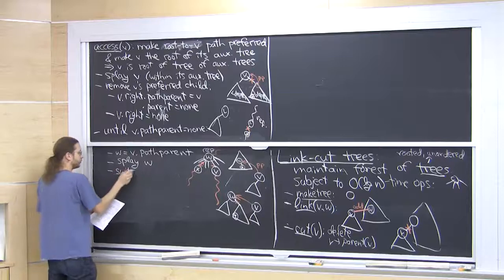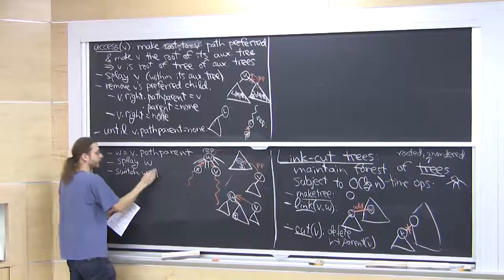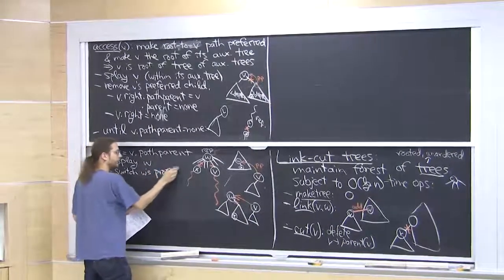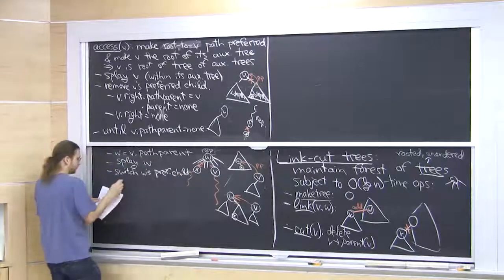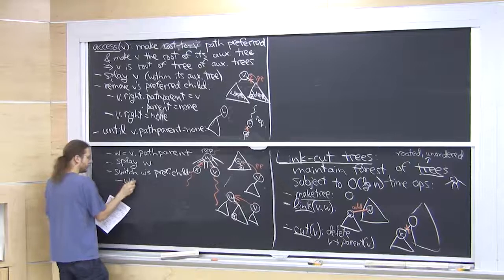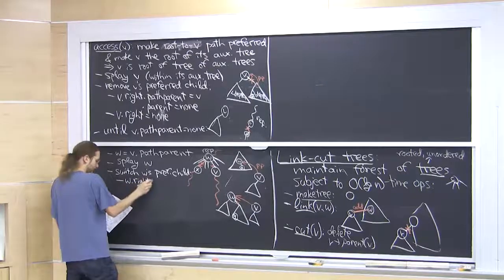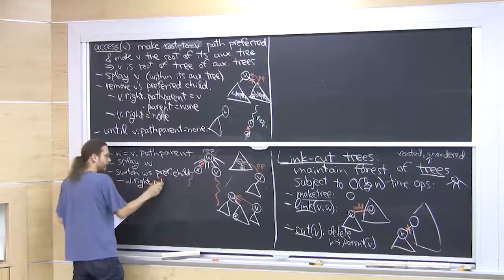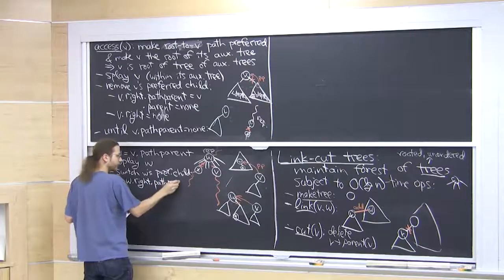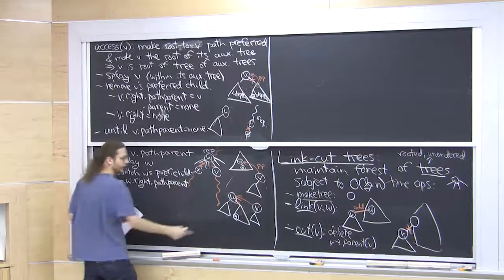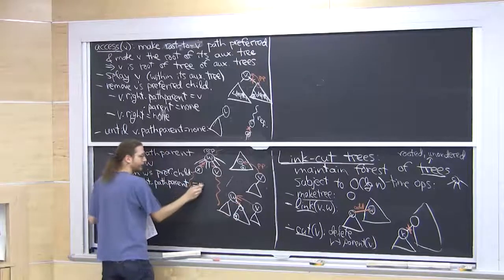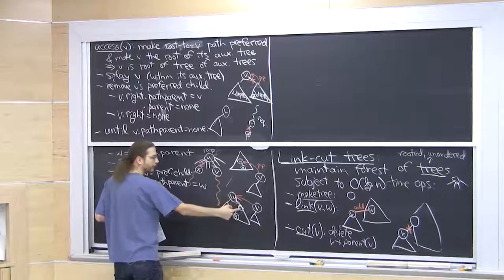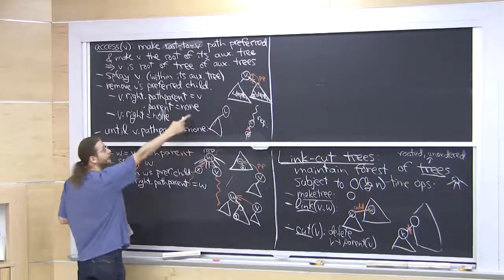So, switch W's preferred child to be V. And what we do is, first we clip off the existing guy. We say this node, W.right's path parent, is now going to be W. We still want to have some way to get from here back up to W, just like we did up here.